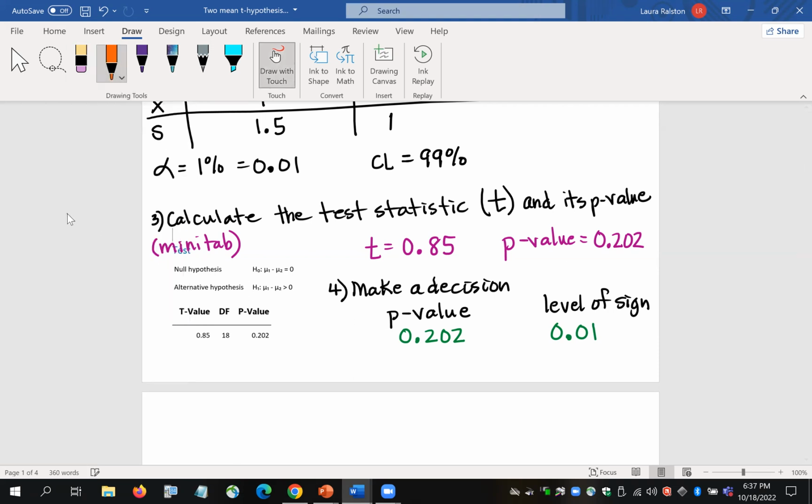We compare those two values digit for digit. The first number after the decimal in the p-value is 2. The first number after the decimal in the level of significance is 0. 2 is greater than 0, so the p-value is greater than the level of significance. When p is greater than the level of significance, we always reject the null hypothesis.